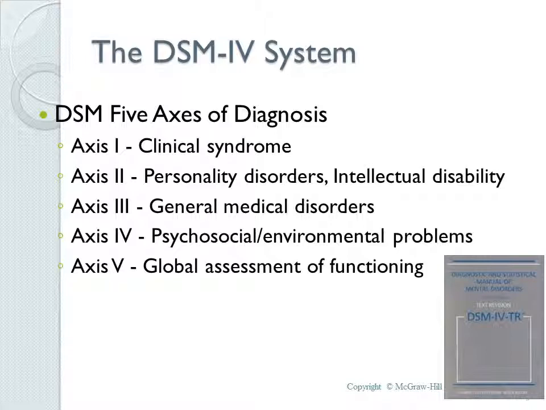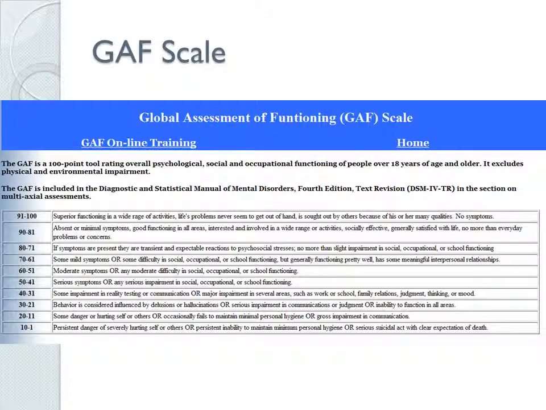And then on axis 5, we have what's called the Global Assessment of Functioning, or a GAF score, G-A-F. The Global Assessment of Functioning score is a number. You can use this chart here, a number between 1 and 100 that gives you a snapshot of how the client is doing. Hopefully this number will change, right, as you move through treatment with your client.